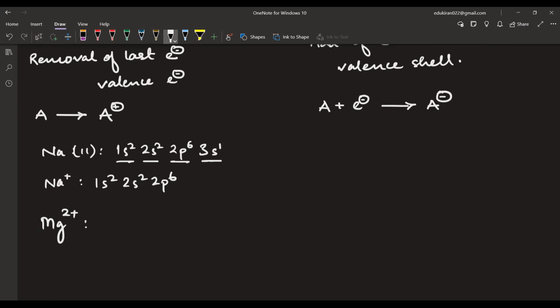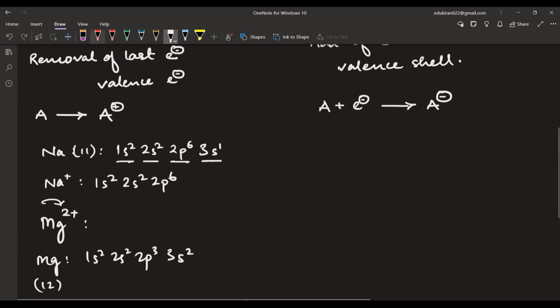The electronic configuration for Mg is 1s2, 2s2, 2p6, 3s2. Atomic number is 12. So how many electrons are getting removed from Mg? Both 3s2 electrons are getting removed. So you will get 1s2, 2s2, 2p6. Mg2 plus and Na plus both have the same electronic configuration.